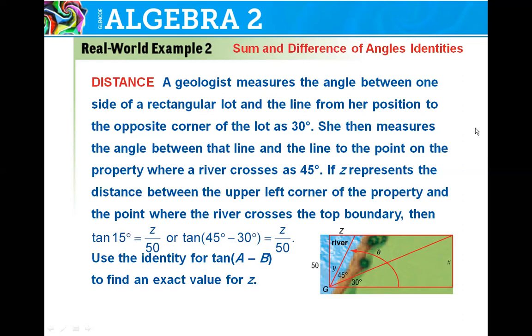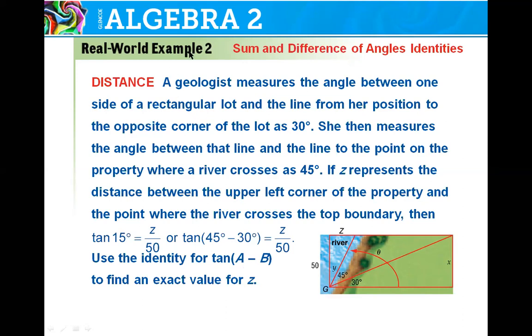If Z represents the distance between the upper left corner of the property and the point where the river crosses the top boundary, then tan 15 degrees equals Z over 50, or tan (45 minus 30) equals Z over 50. Use the tan identity for A minus B, tan (A minus B), to find the exact value of Z.